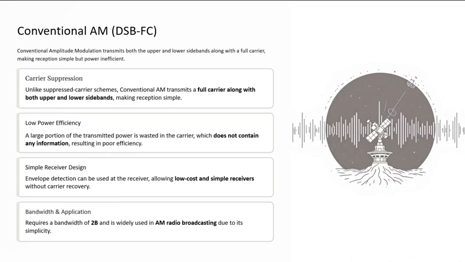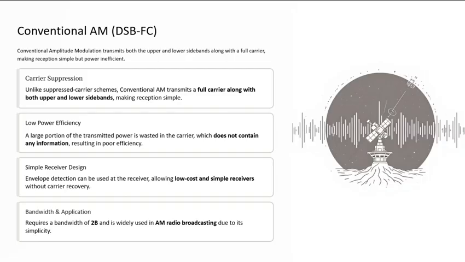Conventional AM, that is DSB-FC. Conventional AM is also called DSB-FC, which means double sideband full carrier. Here we transmit the full carrier, upper sideband, and lower sideband.